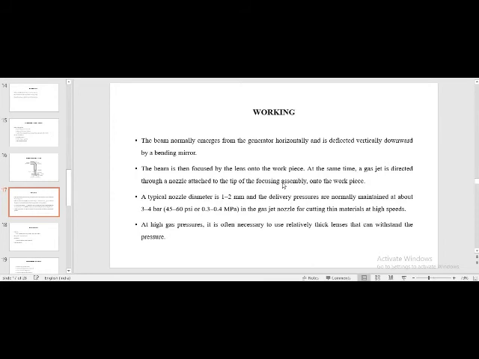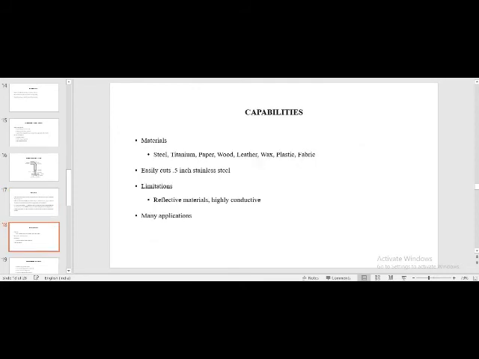At high gauge pressure, it is often necessary to use relatively thick lenses that can withstand the pressure. So here we see the working conditions of the laser cutting system: 3 to 4 bar pressure, and the nozzle diameter should be minimal so we can get an accurate cutting edge finish.